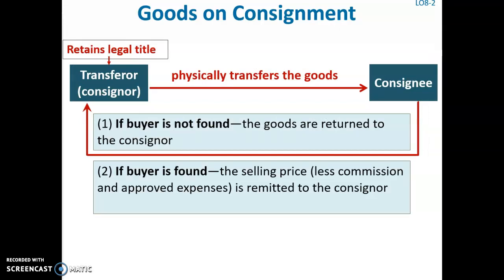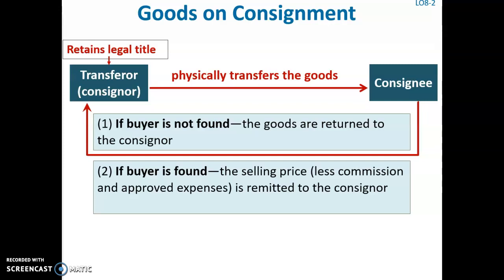Sometimes a company arranges for another company to sell its products under consignment. The goods are physically transferred to the other company, known as the consignee, but the transferor, the consignor, retains legal title. If the consignee can't find a buyer, the goods are returned to the consignor.